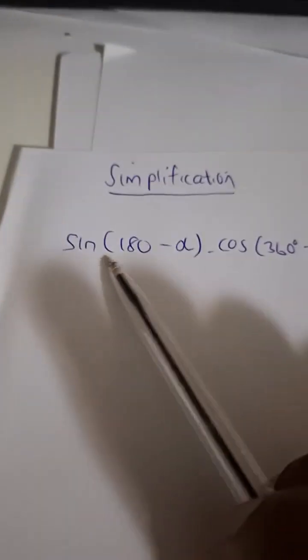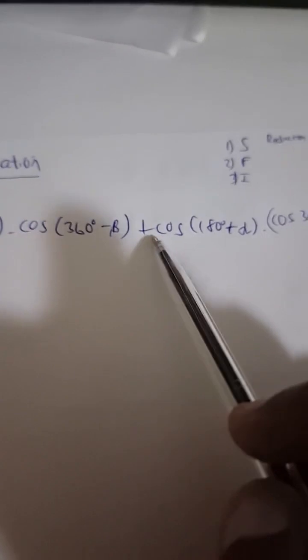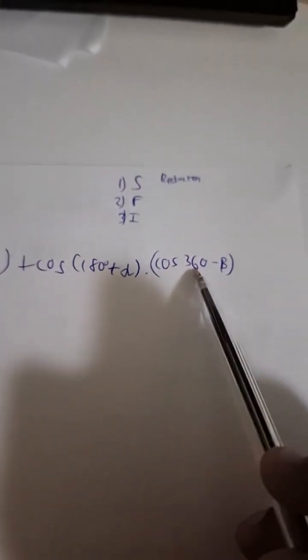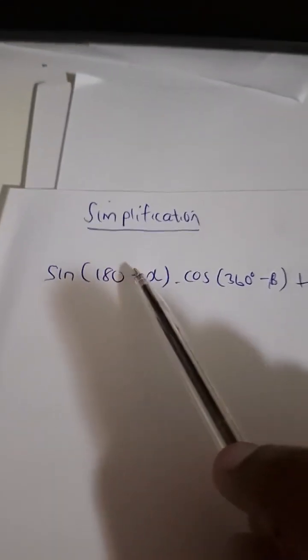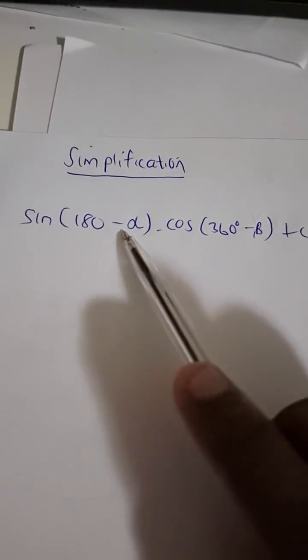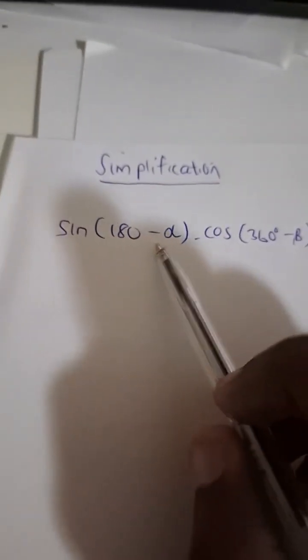So now, sine of 180 minus alpha is multiplied by cos of 360 minus beta, plus cos of 180 plus alpha times cos of 360 minus beta. This is a multiplication relationship plus another multiplication relationship, but we can clearly see that we can reduce using our function values. 180 minus is a function value.